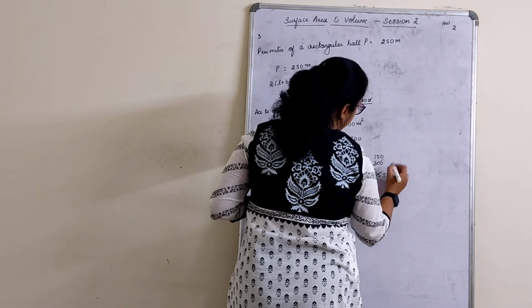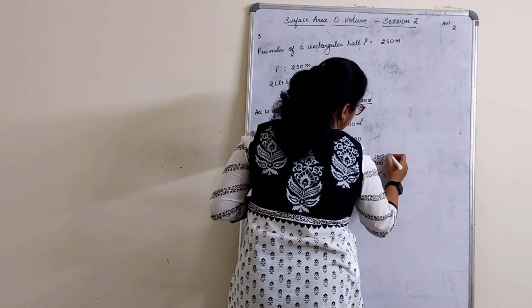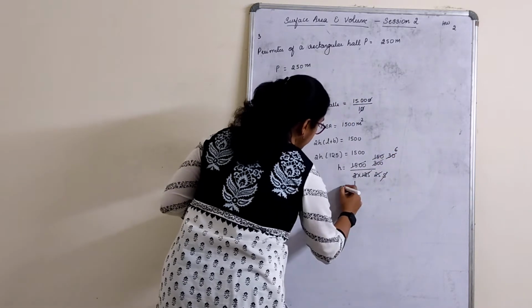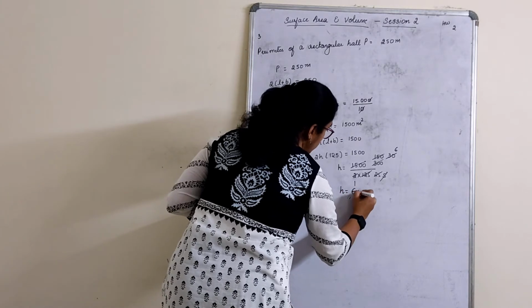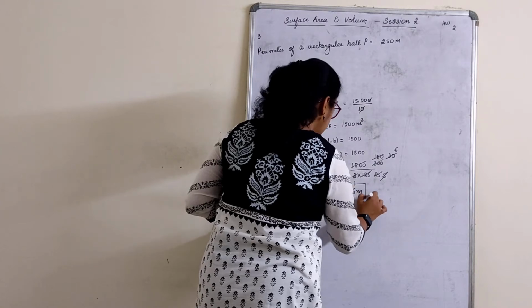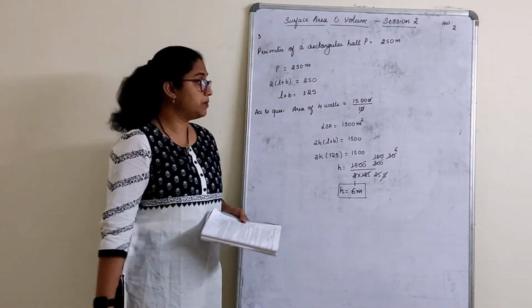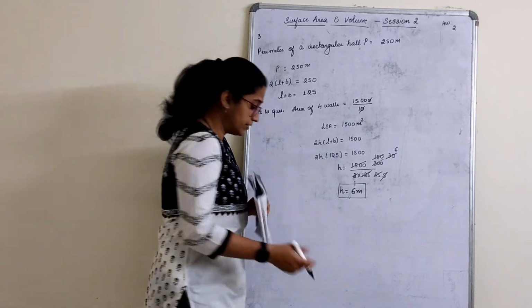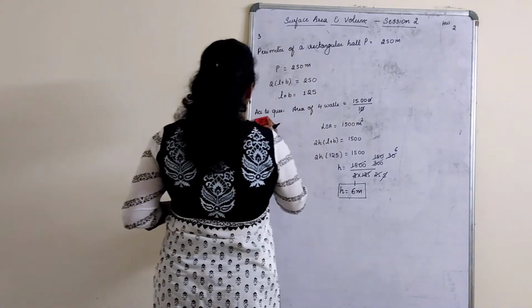So 5 5s are 25, 5 1s are 5, 6. Height is equal to 6 meter, right? This is how you calculate it. Simple calculation, but you should actually know what you are supposed to do. We'll go to the next one.